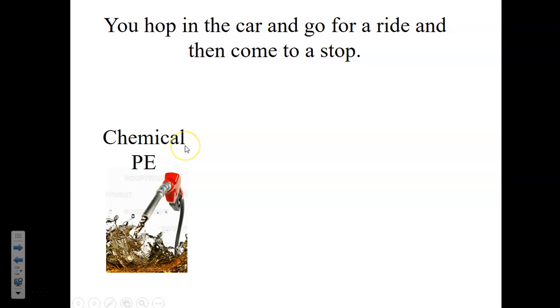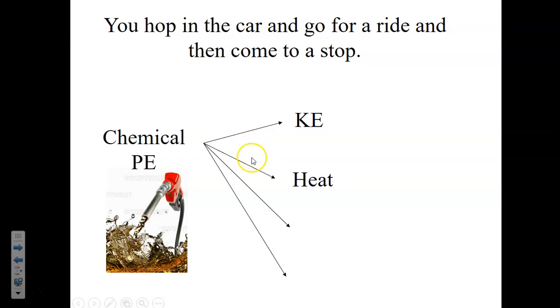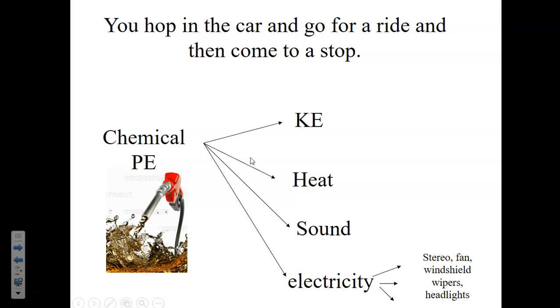Well, the car gets moving, so we gain some kinetic energy. Some of that energy comes out the tailpipe as heat, so we lose some as heat for sure. Some of that energy gets converted to sound. I can hear that car. And some of the energy gets converted into electricity through a little generator in your car called the alternator.